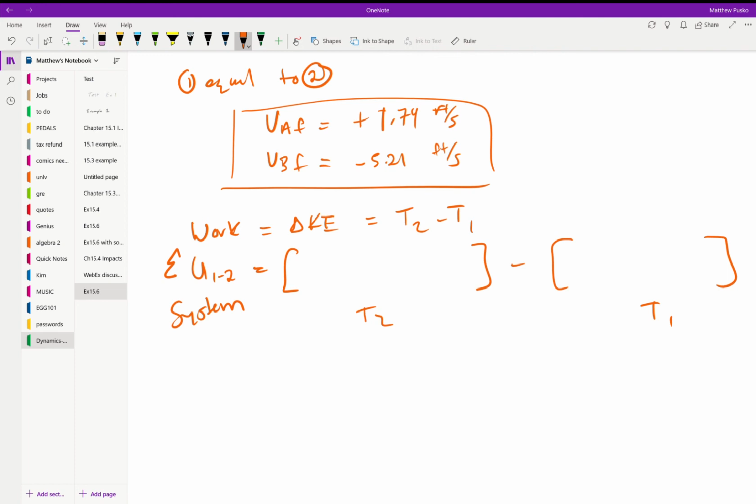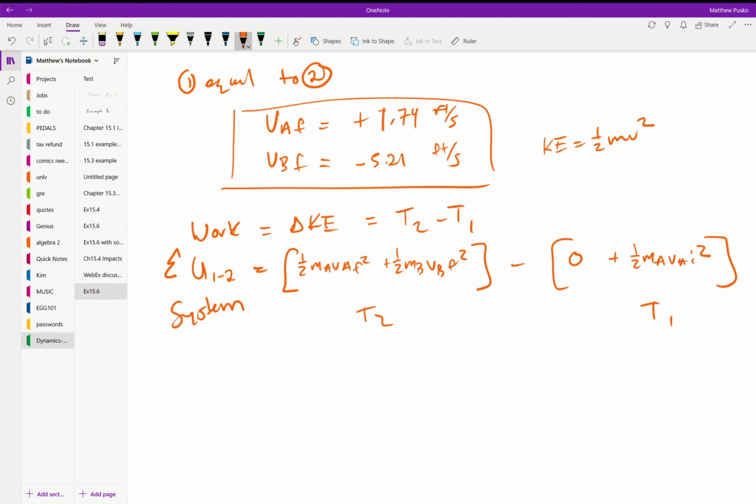The kinetic energy, if we remember, is 1/2 mv squared, so I'm going to have a 1/2 mA vA final squared plus a 1/2 mB vB final squared, and then our initial terms. Well, B was not moving, so it gets 0, and we have a 1/2 mA vA initial squared.